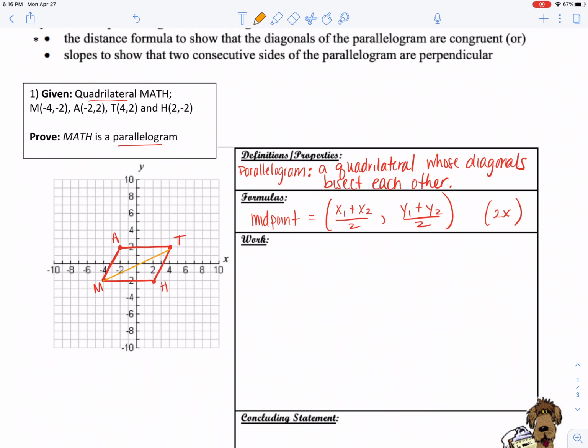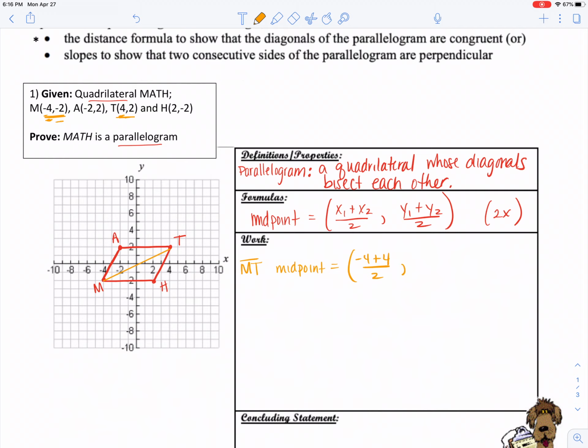Let's first get the midpoint of MT. Midpoint equals. Okay, so looking at the coordinates for M and T, let's first look at the x coordinates, -4 and 4. So -4 plus 4 divided by 2.